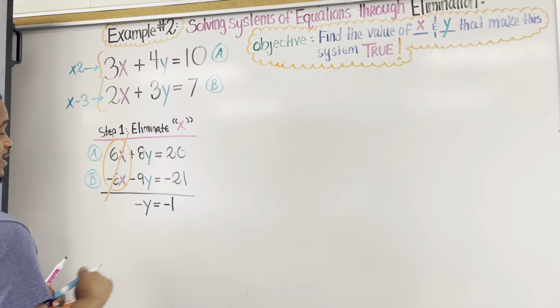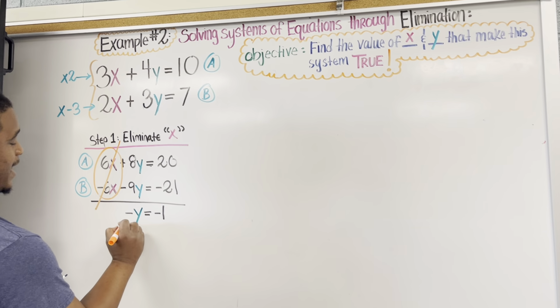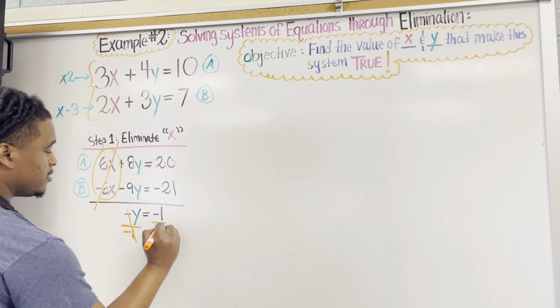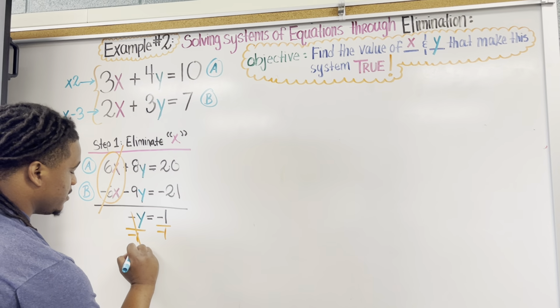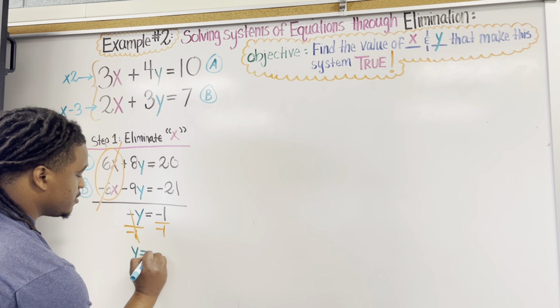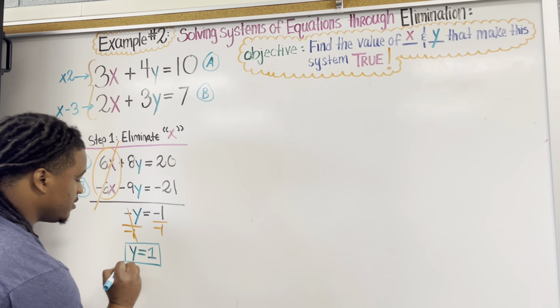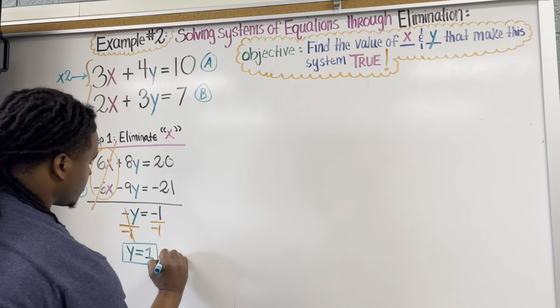So I have -y equals -1, right? If we divide both sides by -1, then y, positive y, equals +1. So the value of y is 1, okay? So that is one of our answers.